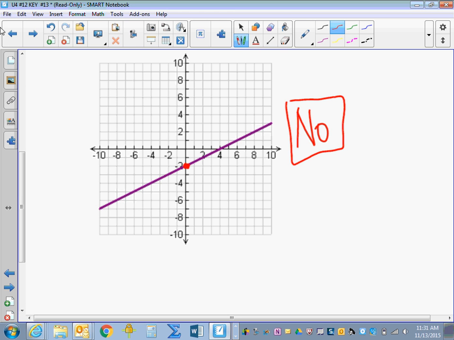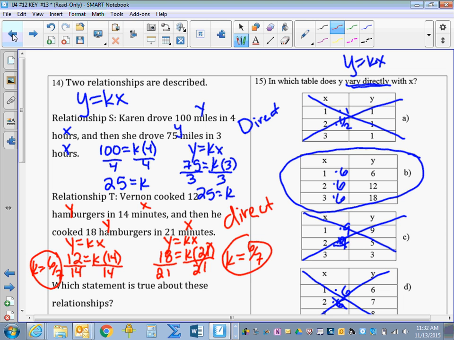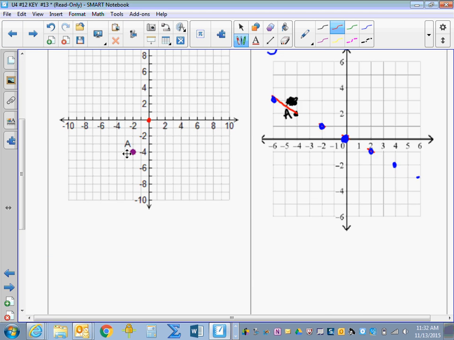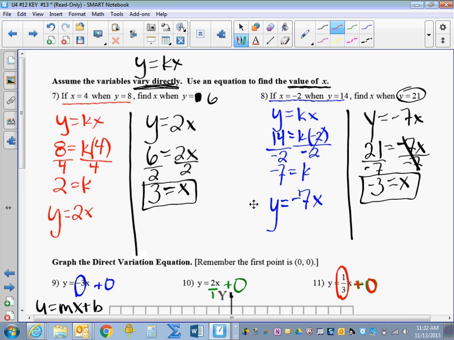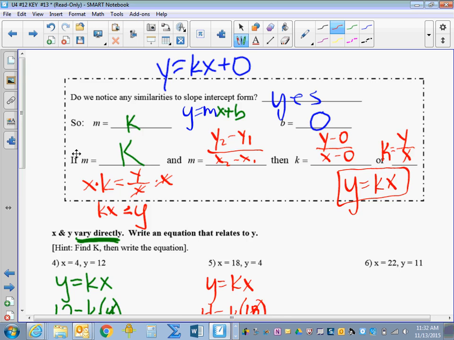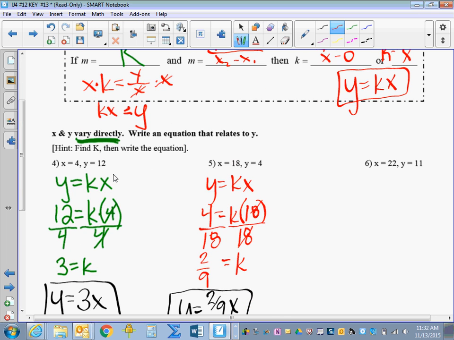Alright. I think there's one problem that we went ahead and skipped. Let's look back at that. Alright, number 6 here. One last one. X and y vary directly. If they vary directly, we have the equation y equals k times x. And it says write an equation that relates x to y. Alright, they gave me x, which is 22.